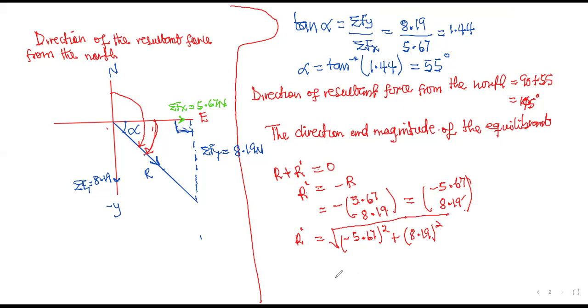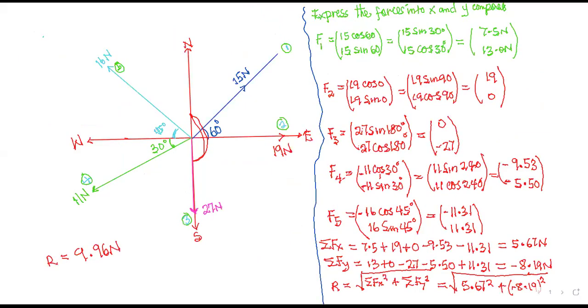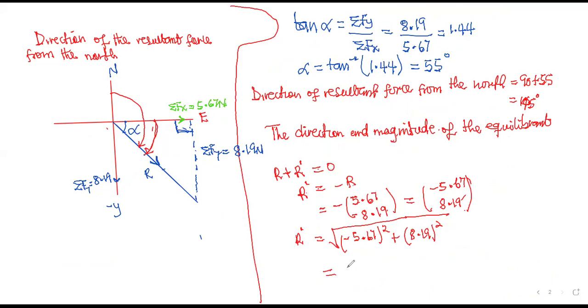The value will be the same as what we had for the resultant. So we must have 9.96 Newton as the equilibrant. Don't forget the equilibrant has the same magnitude as the resultant. That's why. Now let's look at the direction.